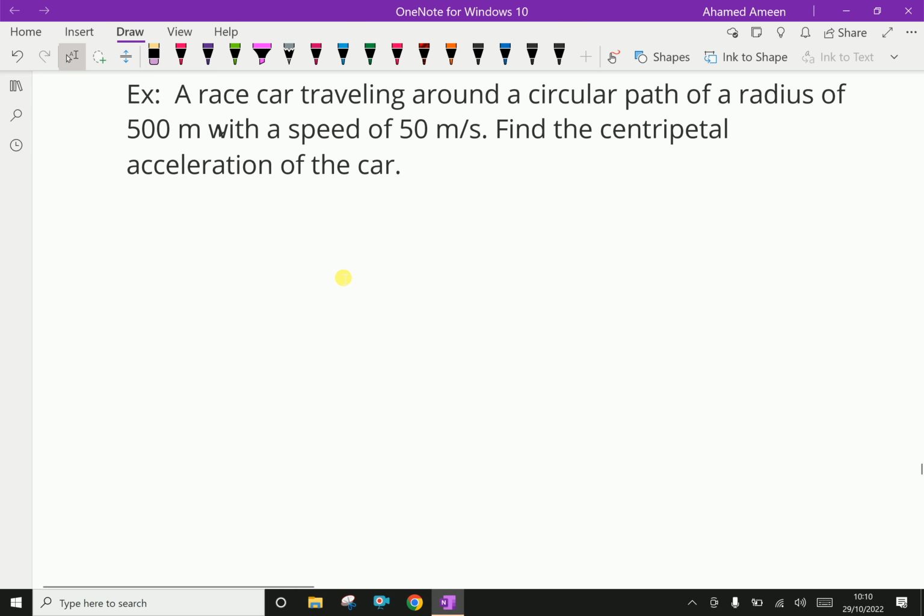Simple question it is. a c equal v square, that is 50 into 50 by 500, which is equal to 50 meter per second square. Centripetal acceleration is 50 meter per second square.